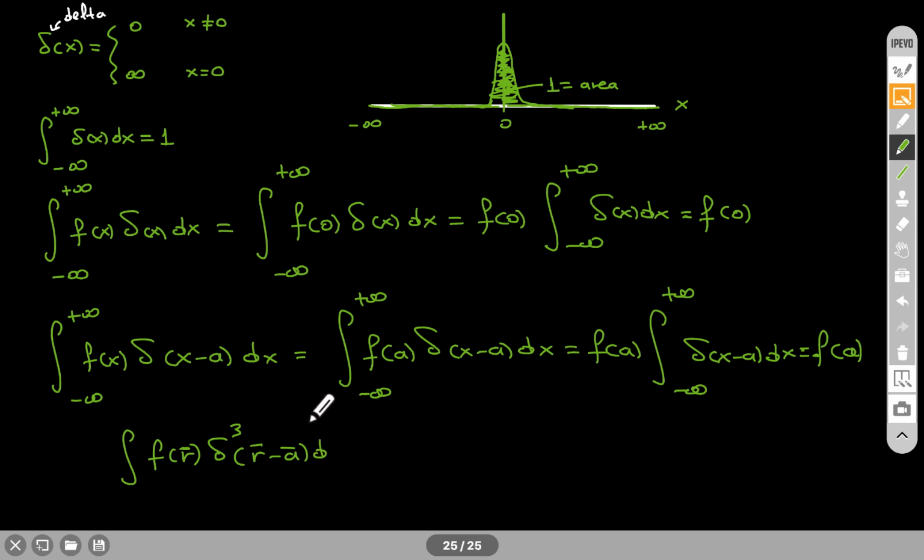Before, I did the integral in one dimension; now this is going to be a volume integral, and this will give me the value of the function at a. Just remember, this is a volume integral. So this was a short introduction to the delta function.